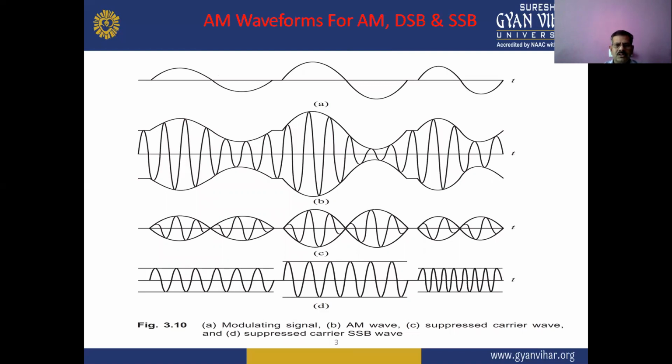In these different waveforms, A is the modulating signal, B is the AM wave, amplitude modulated wave, C is the suppressed carrier waveform, and D is the suppressed carrier single sideband waveform. So these are the waveforms for AM, DSB, and SSB signals.